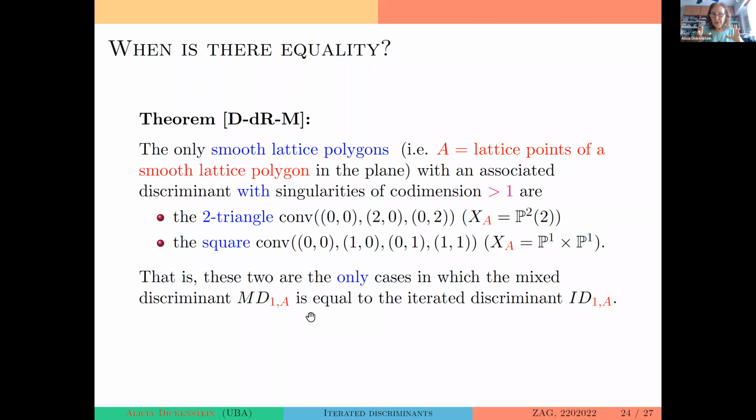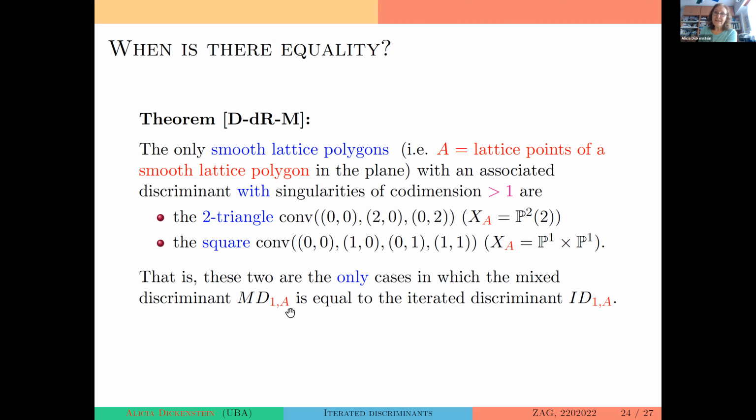So this is smooth, and as A we take all the lattice points of a smooth lattice polygon in the plane. And then in this case, we did prove when it is that the mixed discriminant can be computed by an iteration, via the iterated discriminant, which is equivalent to saying that the associated discriminant has singularities of dimension bigger than 1.